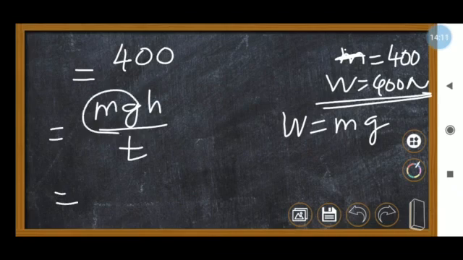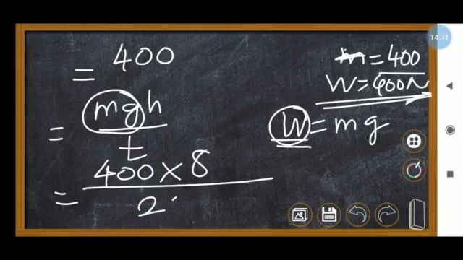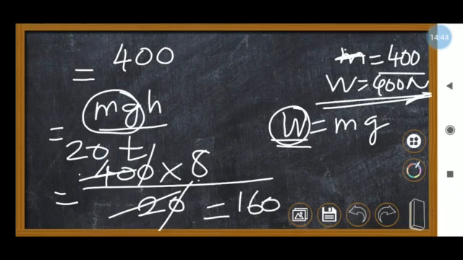So this mg we can take as W, which means weight. So the weight of that person, 400 Newton they given, so we can write 400. We no need to multiply 9.8 because already they given in terms of Newton. If they given in terms of kilogram, then we have to multiply that. So 400 into 8 divided by time 20. So 10 10 cancel, and 2 2s are 2, 20 2s are 40, 20 into 8 is 160. So 160 watt.